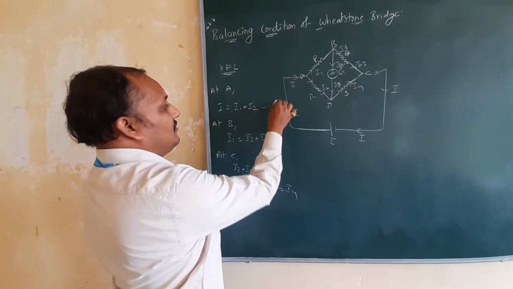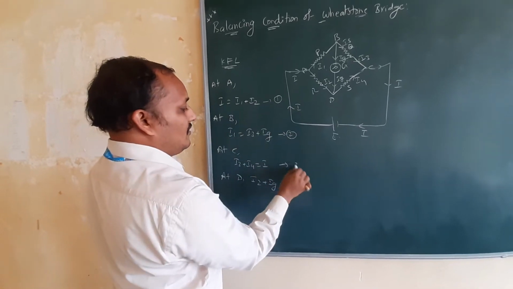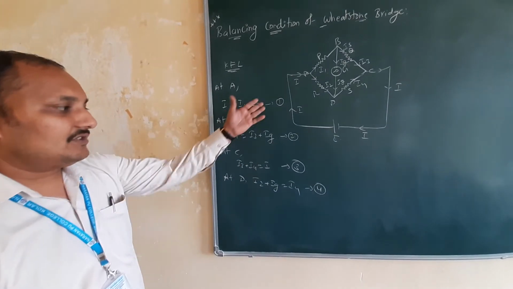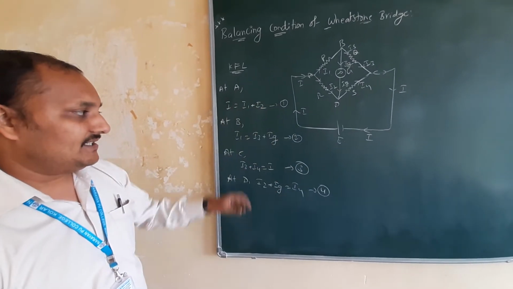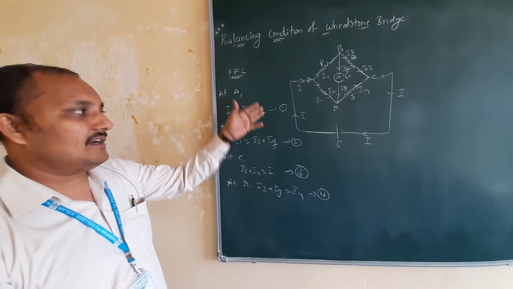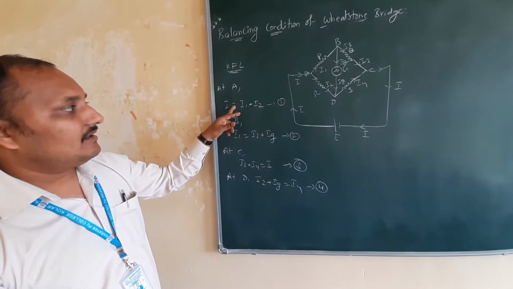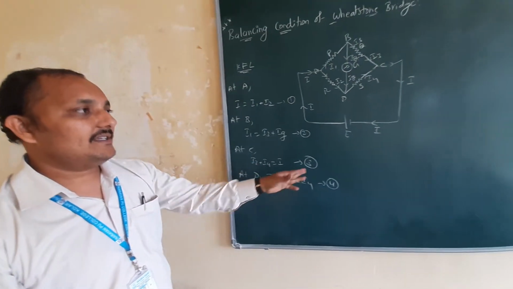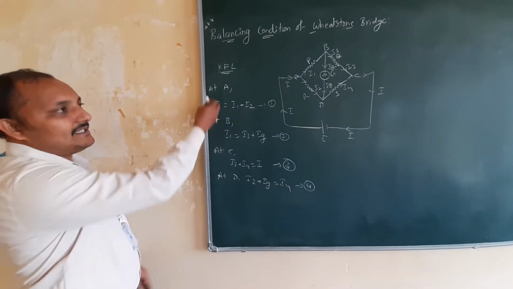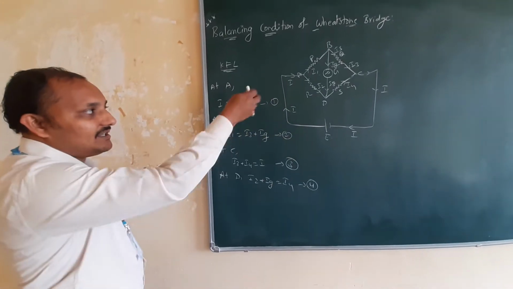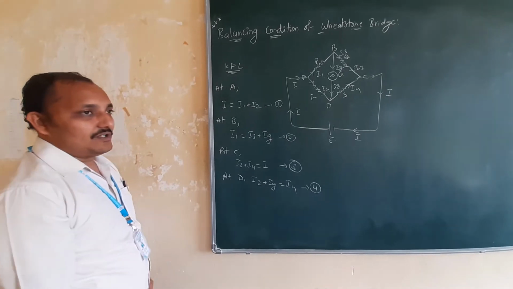You can number these 1, 2, 3, 4. Among 1, 2, 3, 4, which will be useful for you means only equation number 2 and equation number 4. Whenever we are deriving in an exam, you can leave A and C. This is according to Kirchhoff's first law, I applied at 4 junctions.